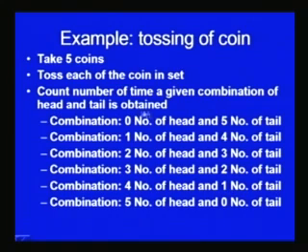These possibilities can be as given below: we may have 0 heads and all 5 tails. There may also be the possibility of having 1 head and 4 tails, or 2 heads and 3 tails, or likewise 5 heads and 0 tails. So, these are the various possibilities when a set of 5 coins is tossed.